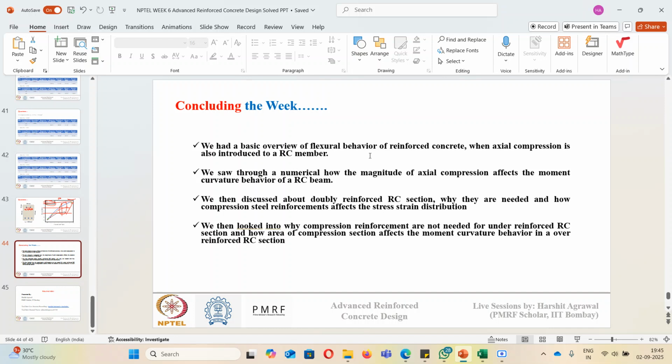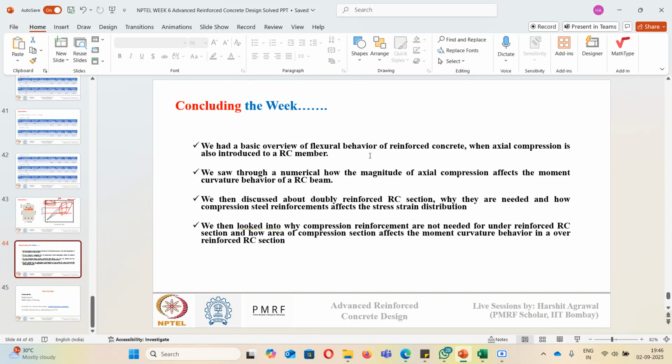So we had a basic overview today of the flexure behavior of reinforced concrete when axial compression is introduced. We saw through numericals how the magnitude of axial compression affects the moment curvature. As we increase the magnitude of axial compression, the moment capacity will increase and the curvature will decrease in the member. We discussed doubly reinforced sections, why they are needed, and how compression steel reinforcement affects the stress strain relationship.